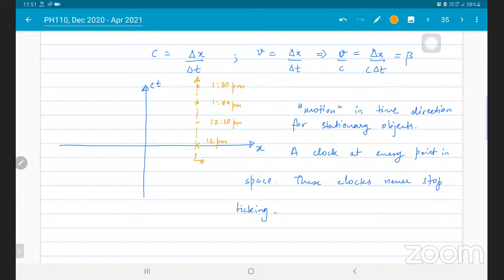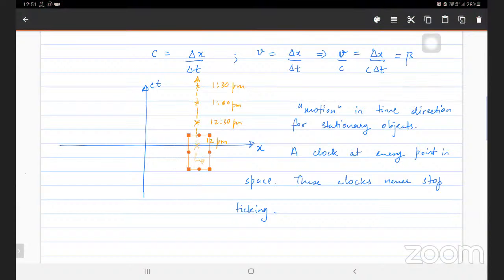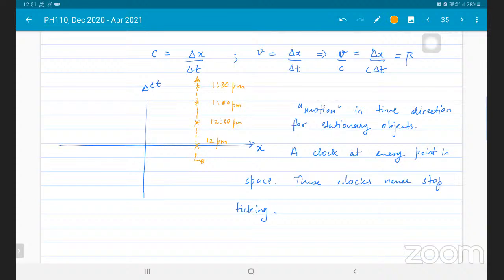So even if the object is not in motion, and now you can remove the clock, even if you just have a piece of stone sitting there, that piece of stone will also keep moving in time. It doesn't matter what it is, a living object or a dead object.